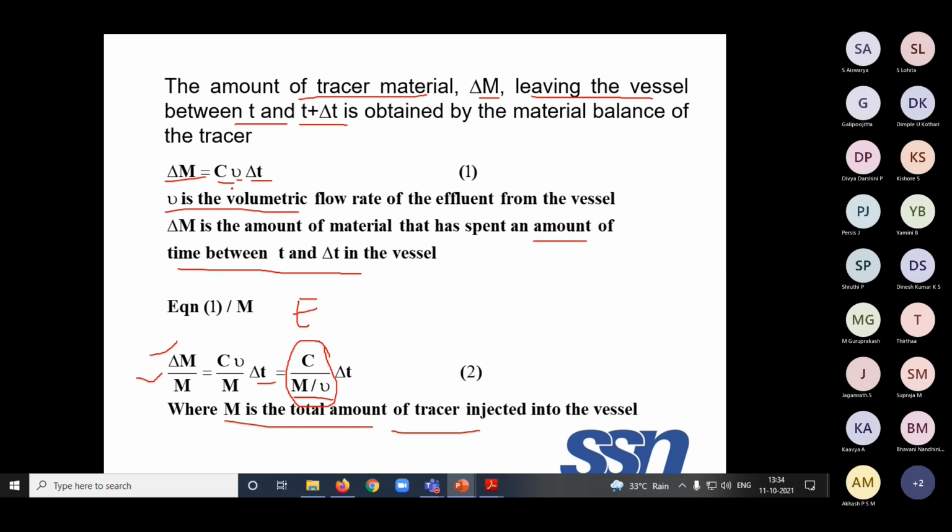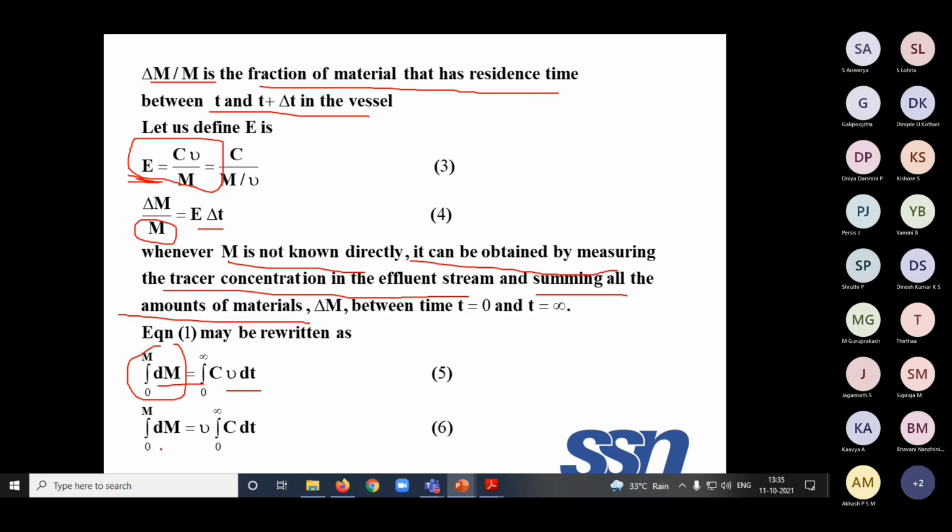Equation 1 can be rewritten like this. So integral 0 to M dM: V is the volumetric flow rate, which is constant, so you can take it outside the integral.